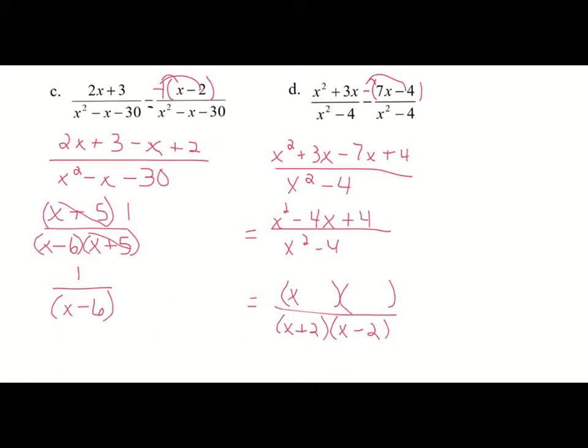I know it's going to be x. I need a negative 4, and to get a positive 4, we're going to do negative 2. So x minus 2, x minus 2. And when I go to simplify here, I can take out one pair of x minus 2's. So my final answer is going to be x minus 2 over x plus 2.